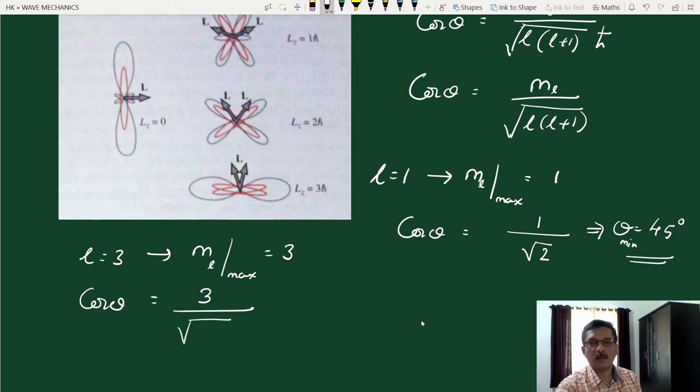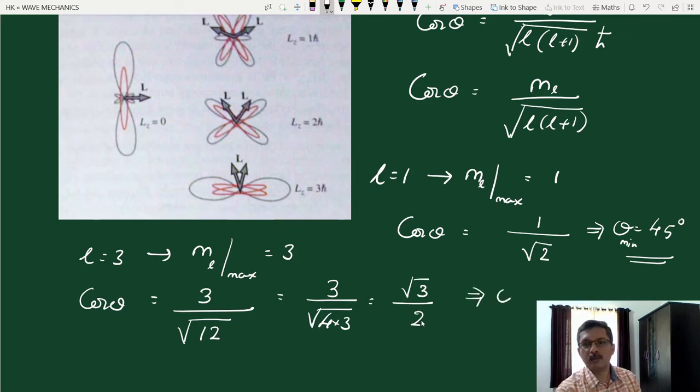Root of 3 into 3 plus 1, that is 3 into 4, that is 12. Now 3 by root 12 we can write as 3 by square root of 4 into 3. So root 3 and 3 will cancel, we get root 3 in the numerator, and square root of 4 will be 2. So cos theta is root 3 by 2. When cos theta is root 3 by 2, theta is 30 degree, and this is theta minimum.